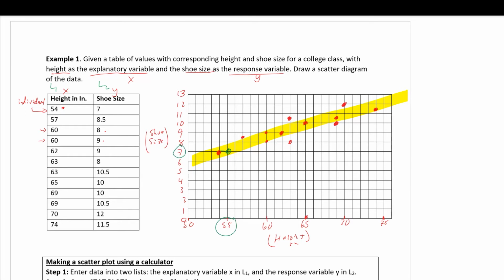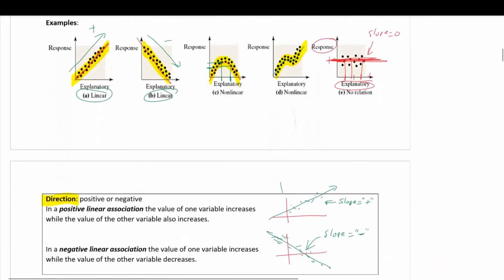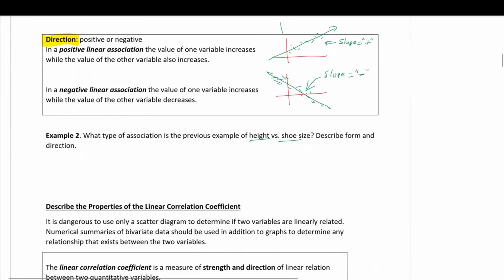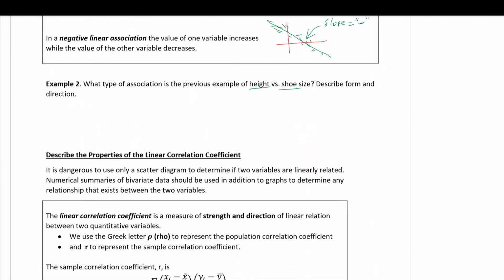So it's definitely linear. Now in what direction? From left to right, it looks like it's going upwards, so that's a positive. So far, we can describe this association as: there is a positive linear association between the height and shoe size.